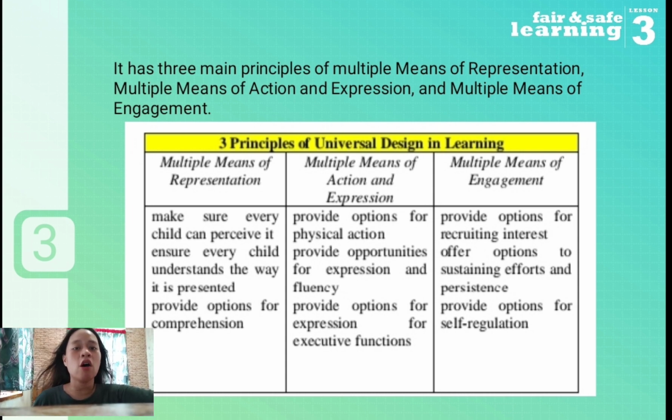This particular UDL approach offers diverse ways for learners to be involved with course content, their peers, and the instructor. Choices in explicit learning goals that allow learners to set realistic goals and appropriate challenges themselves are examples of multiple means of engagement.